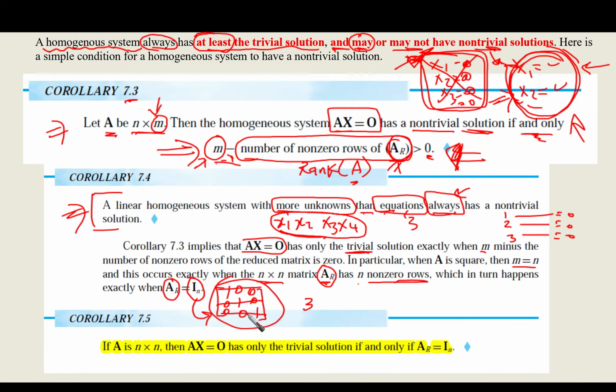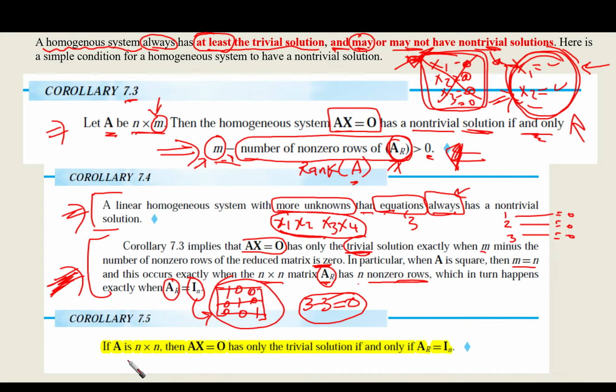So in this case, 3 minus 3 is going to be 0. Okay? So this means that we are having the trivial solution in this case. It has only the trivial solution exactly when m minus the number of non-zero rows of the reduced matrix is 0. We're going to see an example for this, so do not worry. You are going to understand it clearly after a while.